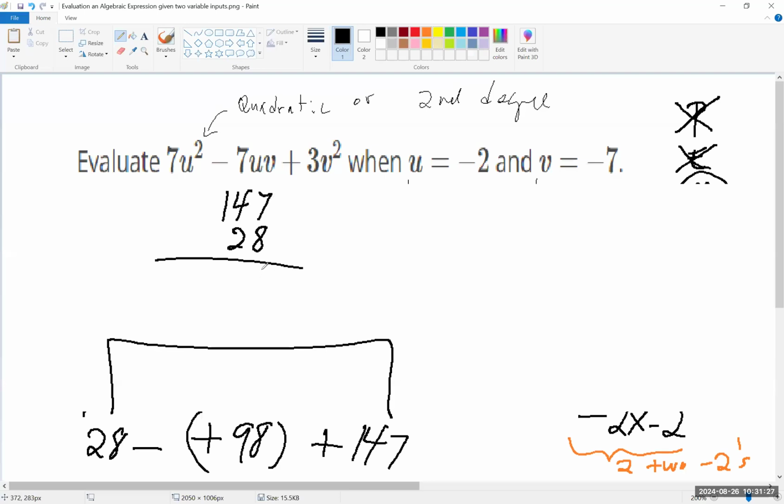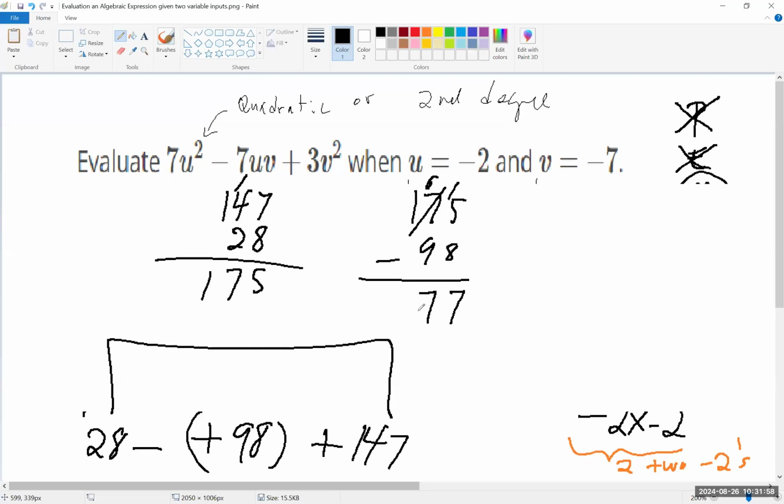So 8 and 7 is 15. 7. This is a 1. So it's 175 is what I'm getting. And then now I'm going to do the 175, take away the 98. 7, 6. I need to borrow. 8 and 7 is 15. 16 minus 9 is 7.